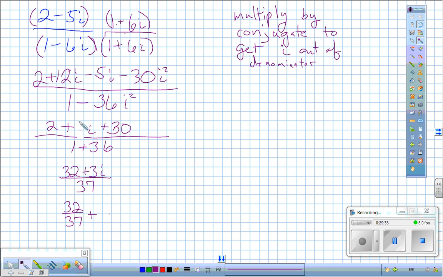So 12 plus 5 is 7i. So this will be a 7i, and my imaginary piece will be 7 over 37 with an i at the end of my fraction. Either one of these answers works, so that's plus 7i.